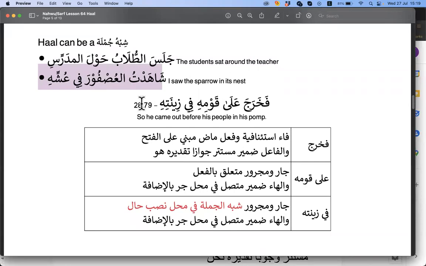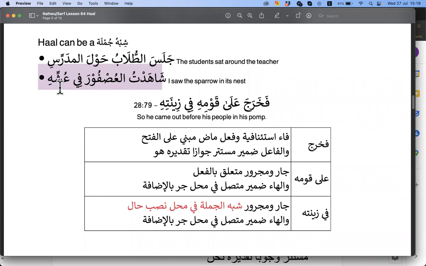Ana. And then al-usfura. Is it ism or fi'il here? It's an ism. What status? Nasab. So what is it here? It's a maf'ul.